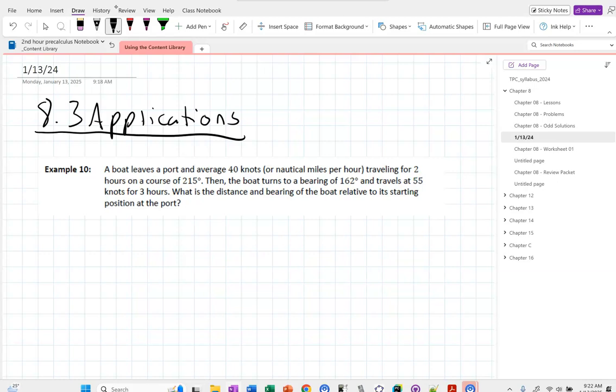One little definition piece that we need to talk about before we start is this idea of bearings.